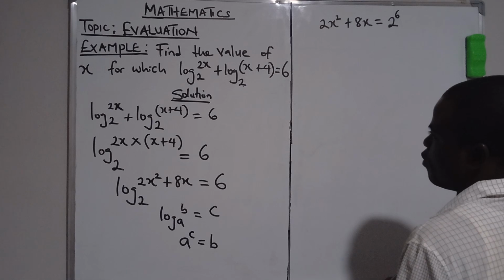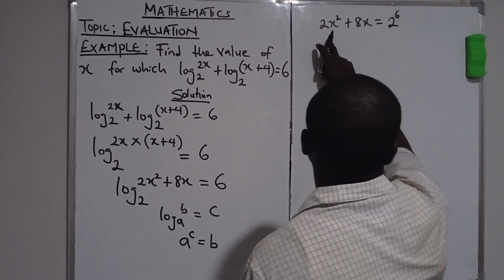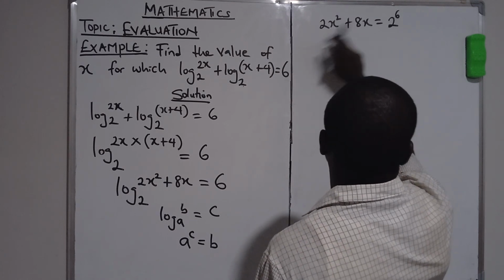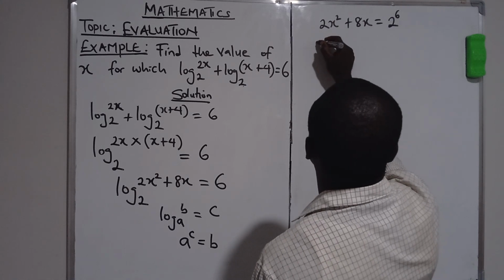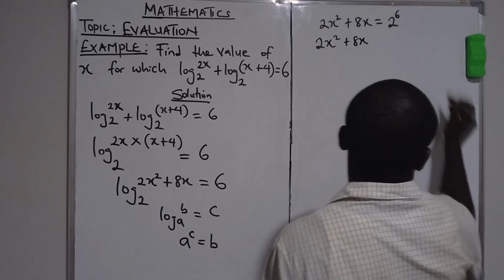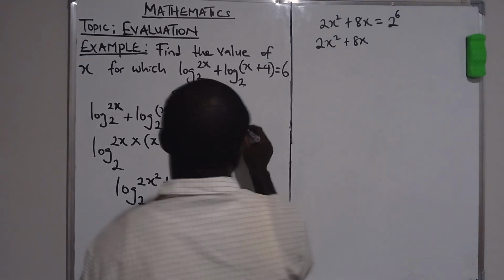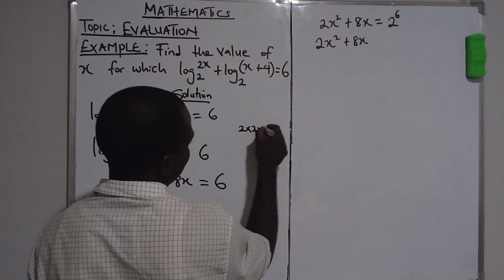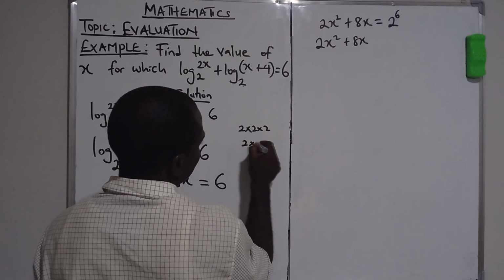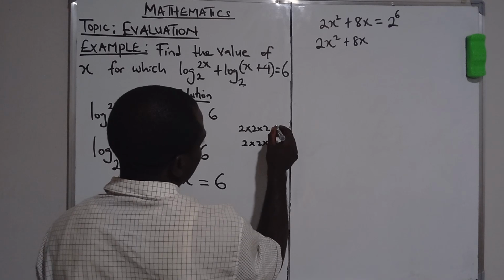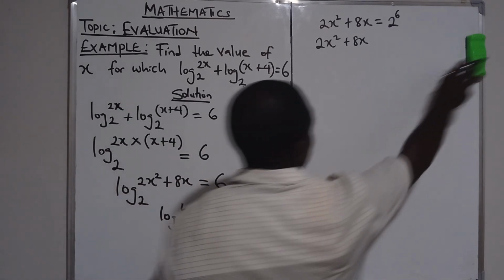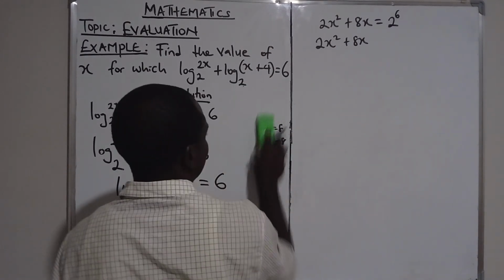Okay, now let's factorize. Let's continue like that. Let's have 2x squared plus 8x, 2 times 2 times 2 is 8, and 8 times 8 is 64.